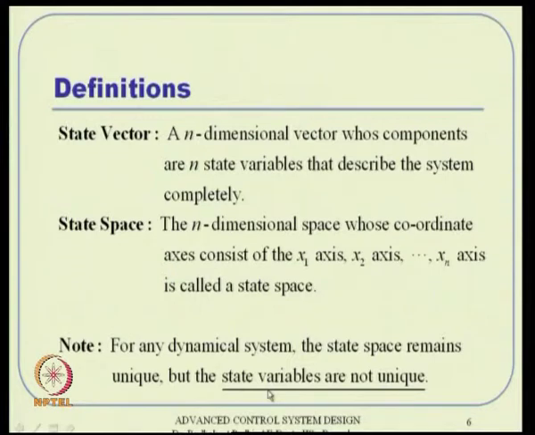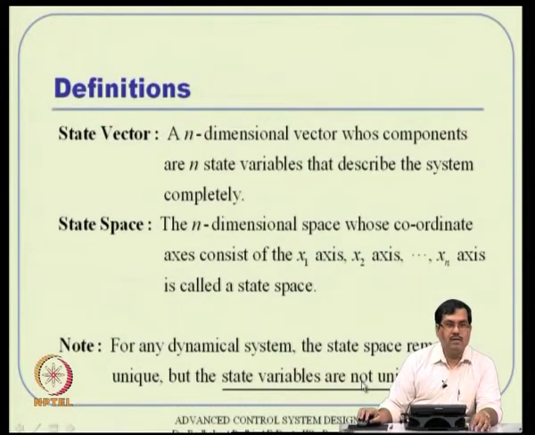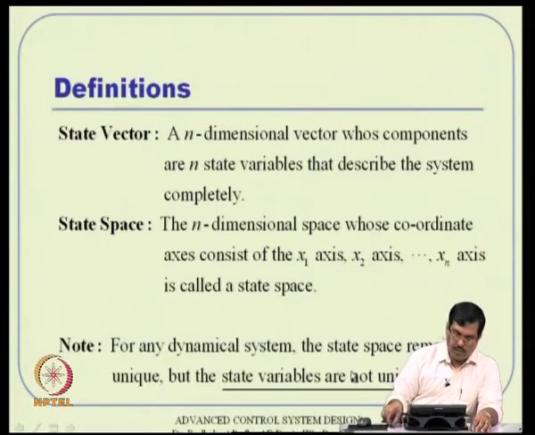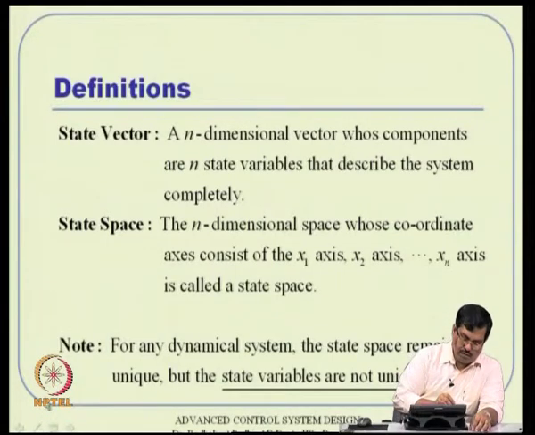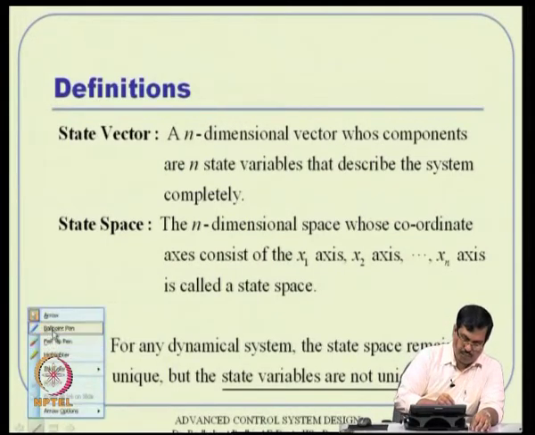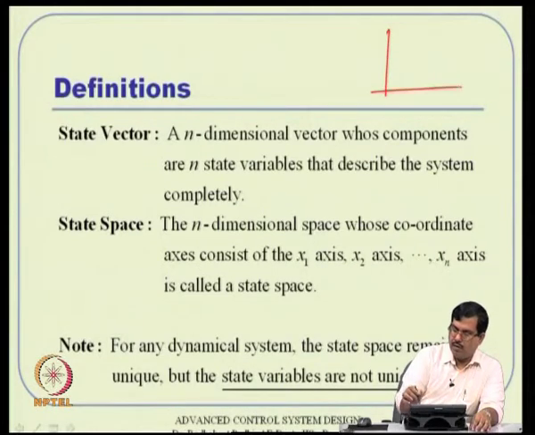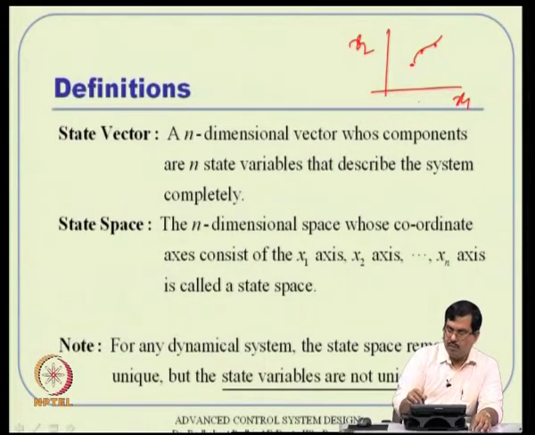However, the state variables are not unique. You can select a different state variable, I can select a different state variable. For example, if you constitute an R2 space, I can constitute x1 x2 here and represent a flying object by some x1 x2 coordinate, depending on where I am flying, I will always find out what is my x1 and what is my x2 here, right.